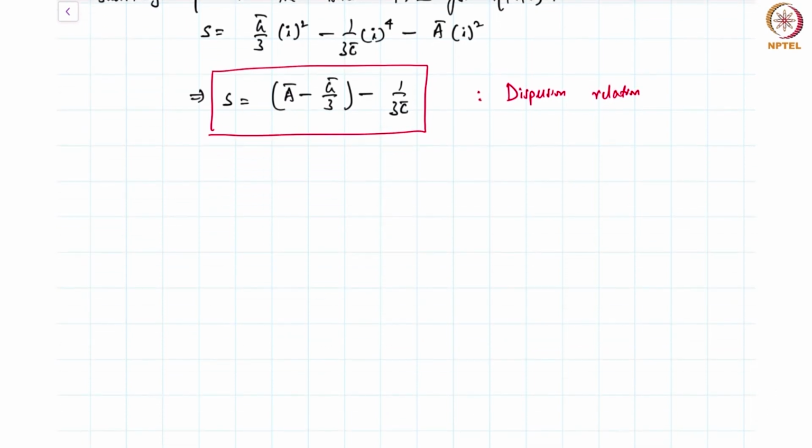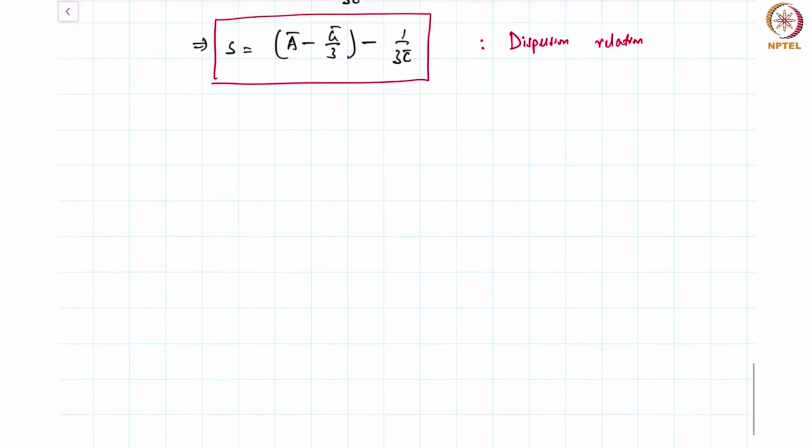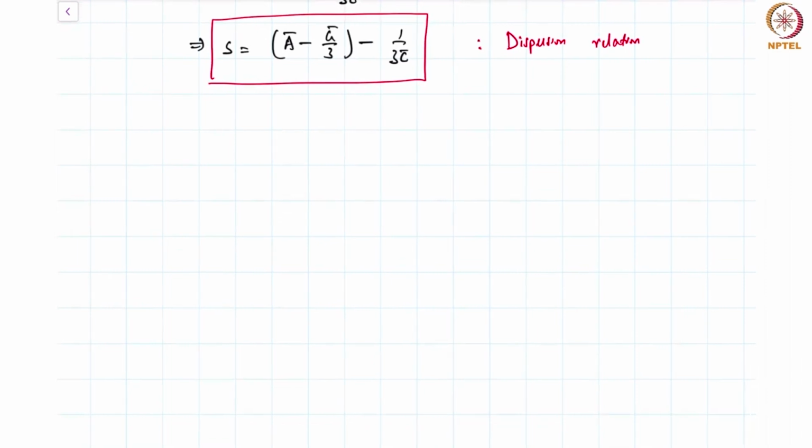This is a very important result that we've got. We've basically got the growth rate S in terms of the parameters A bar, which is the Hamaker constant, G bar, which represents gravity, and C bar, which represents the capillary number or the inverse of the capillary number. We look at a few special cases, a few obvious ones. Let's start with some simple special cases.